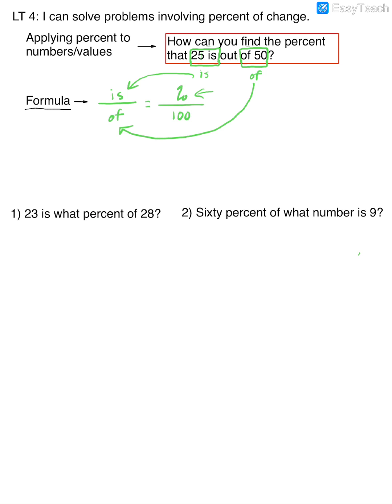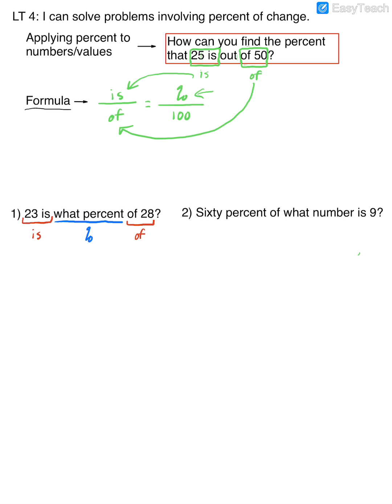It says 23 is what percent of 28? Okay, so I like to go through and identify what my different pieces are. Here 23 and is are together, so that's my is. And then of 28 is my of. Now it also says what percent, right?